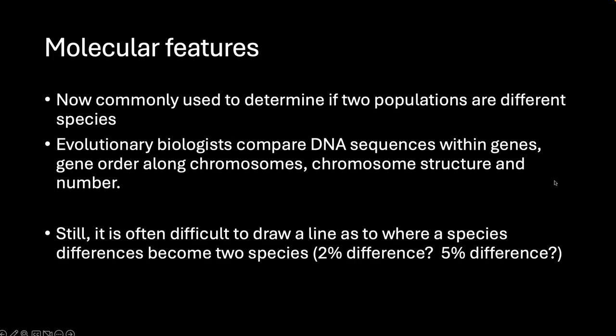In using molecular features, we have to decide on how much difference is enough to determine that some two organisms are two species. This actually opens up a whole can of worms, which we won't get into here.